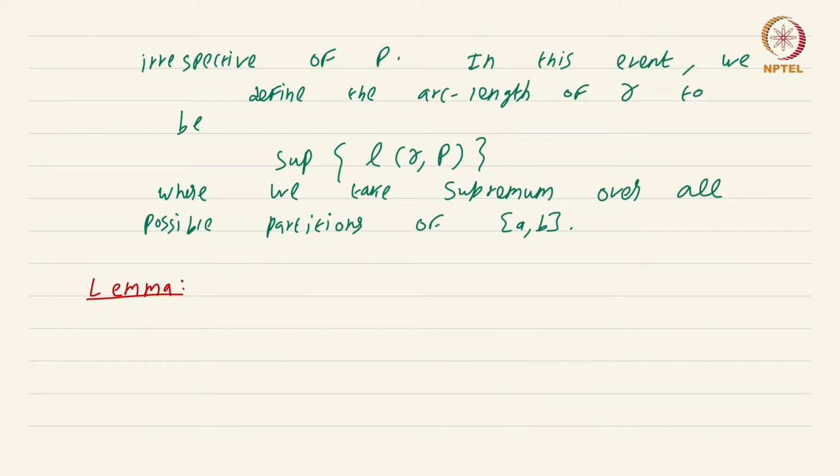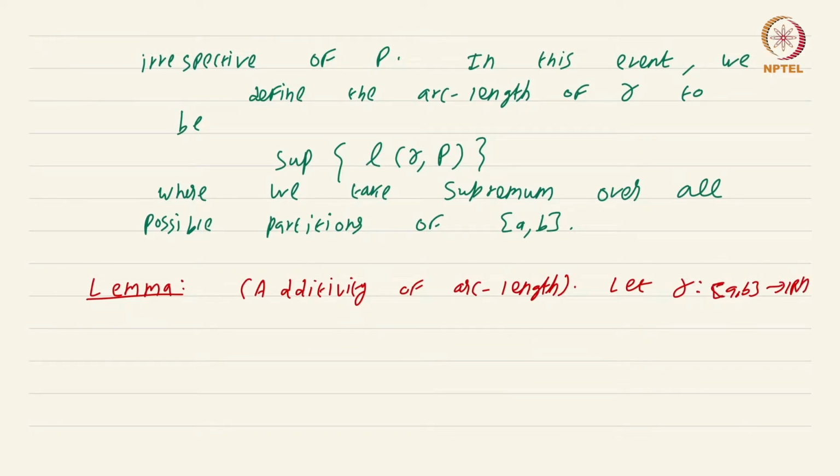So the first lemma is additivity of arc length. This is more or less geometrically obvious but requires a proof. This states the following: let gamma from AB to Rn be a rectifiable curve, and let C be a point in AB.